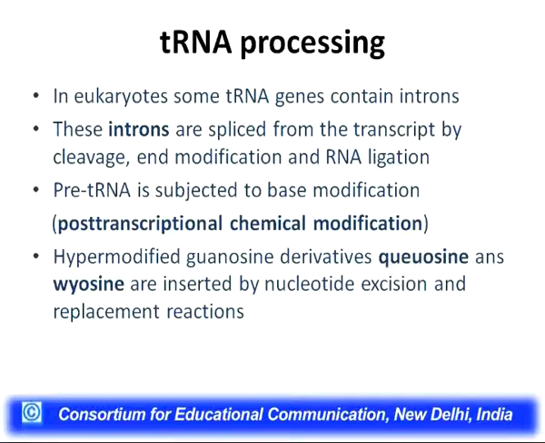After these particular ends are generated, they are acted upon by modifying enzymes, which lead to formation of a 5' phosphate group and a 3' OH group, which are later on joined by the enzyme RNA ligase. It should be noted that the sequences of tRNA introns are not conserved.